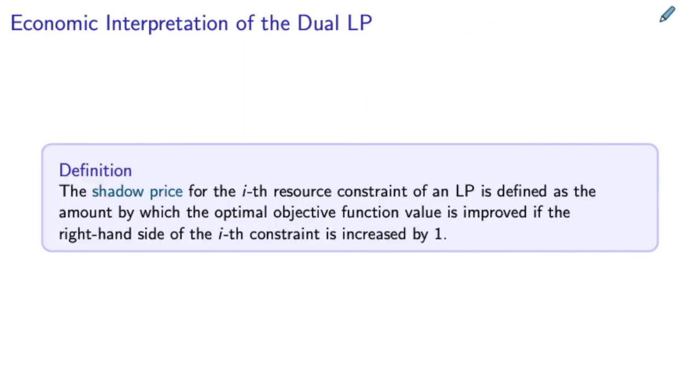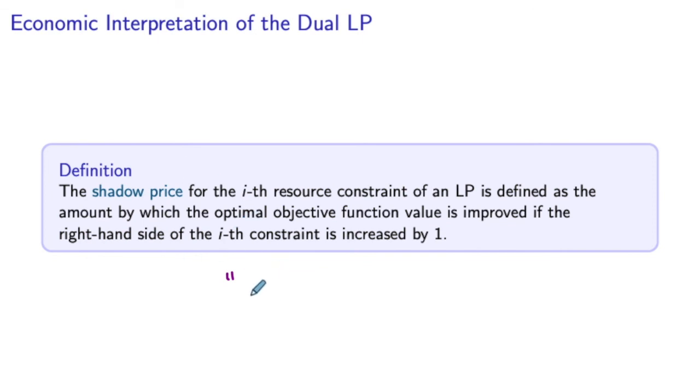And just like we mentioned, the additional amount by which the optimal objective function value is improved if the right-hand side of the ith constraint is increased by 1 is called the shadow price for the ith resource constraint. Okay, and we saw that this shadow price is actually given by the optimal value of the corresponding dual variable.